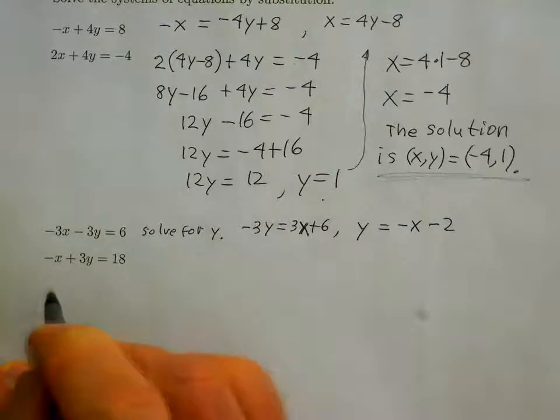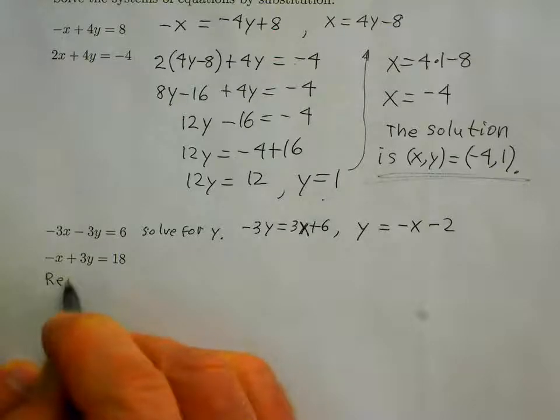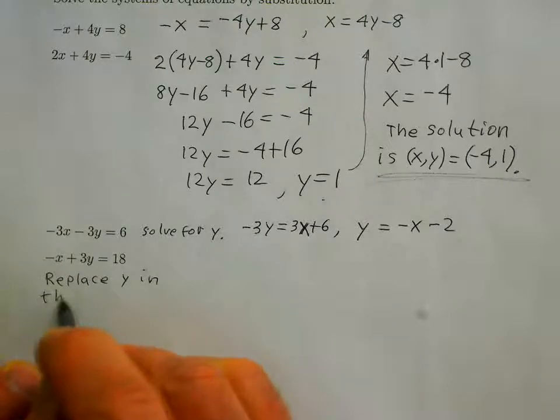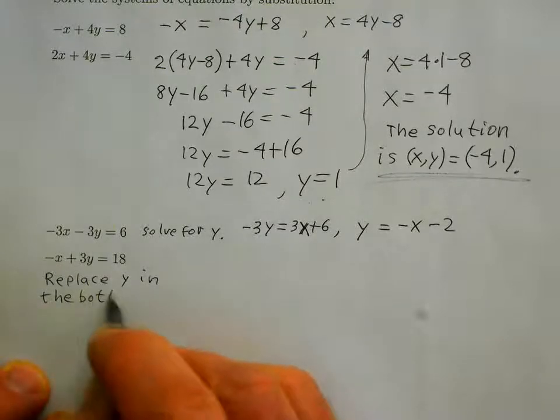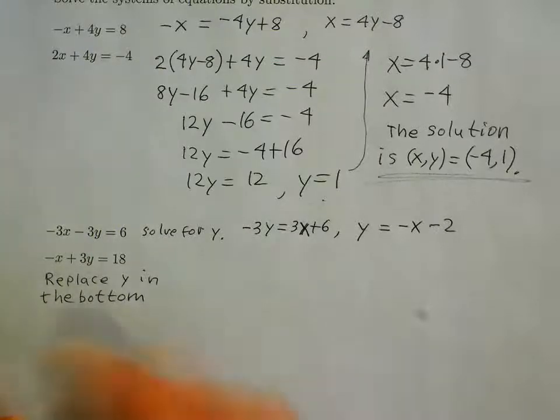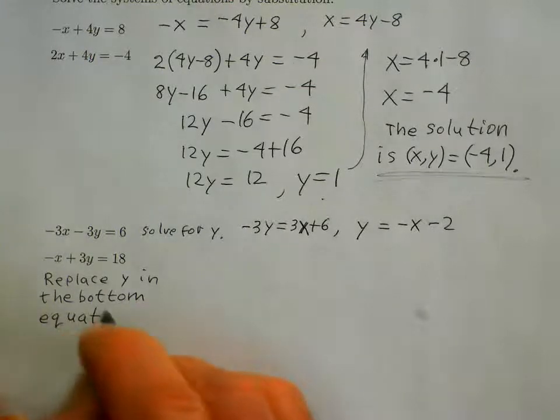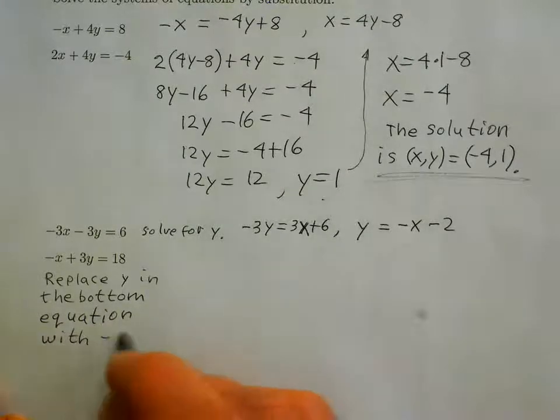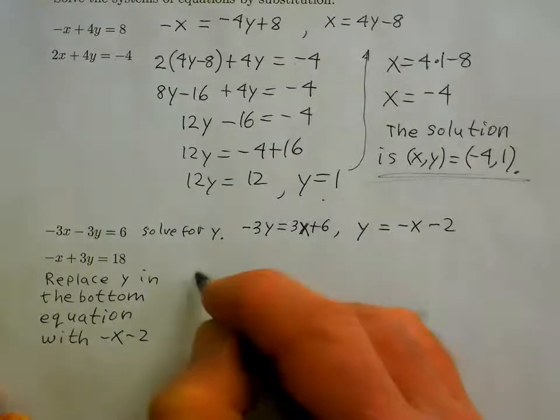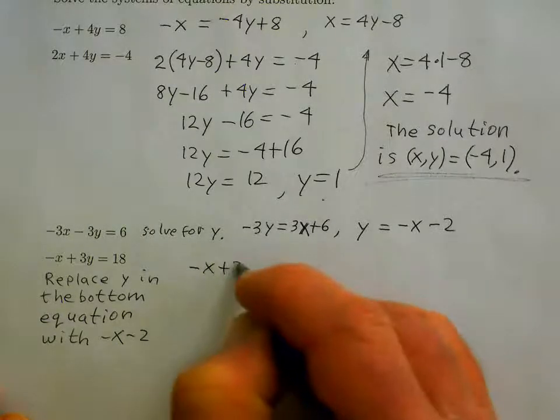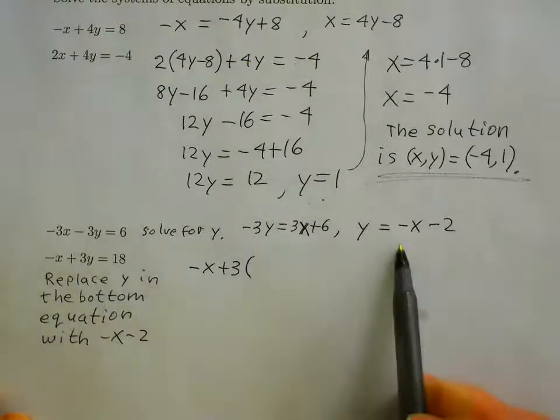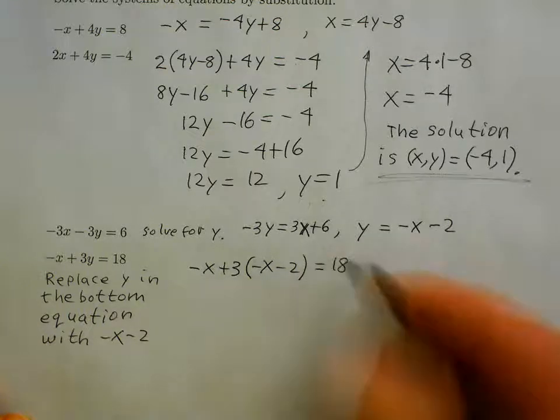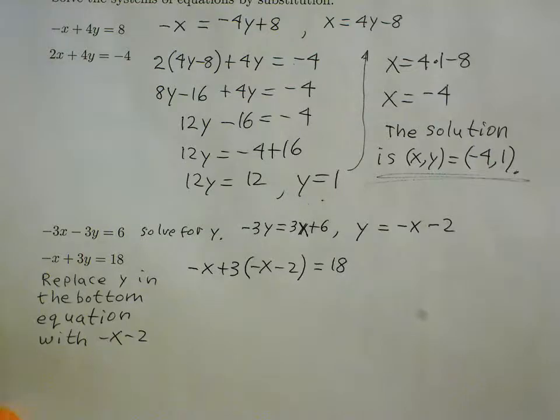So I'll make a note, replace y in the bottom equation with negative x minus 2. Okay, so when we do that, we get negative x plus 3 times, we're going to replace y with that quantity, negative x minus 2. And now we solve this equation for x.